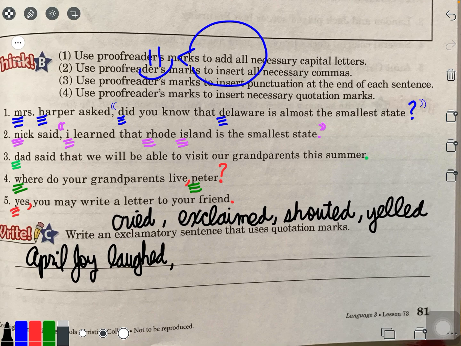I just chose to say laughed. Now I'm going to say something in my speech bubble, so I put a comma there, and then I'm going to put quotation marks because I'm going to say something. April Joy laughed, "You are so funny!" And I'm going to make it an exclamation mark because I'm looking for exclamatory sentences.